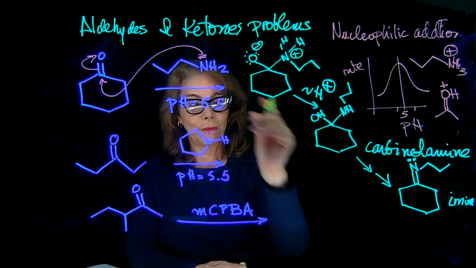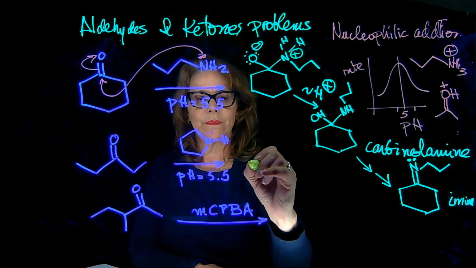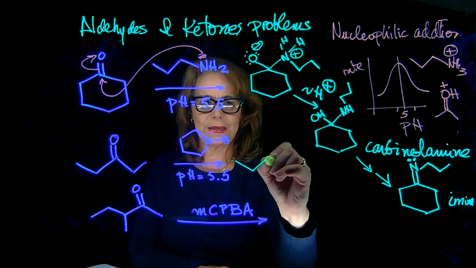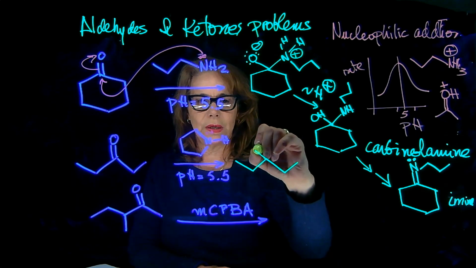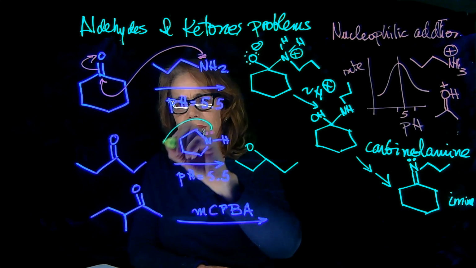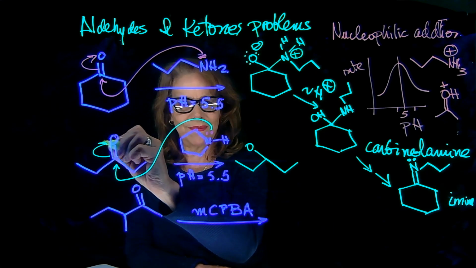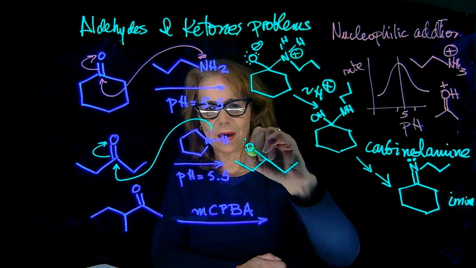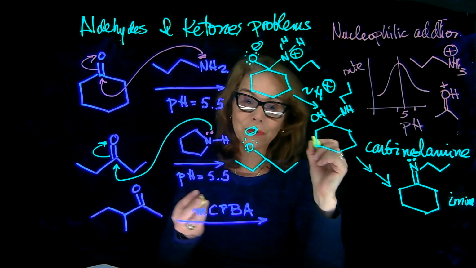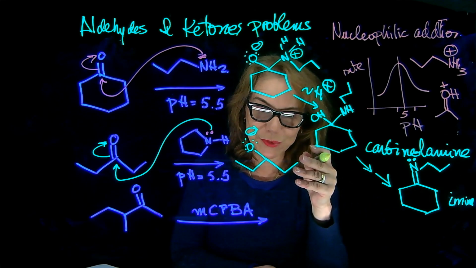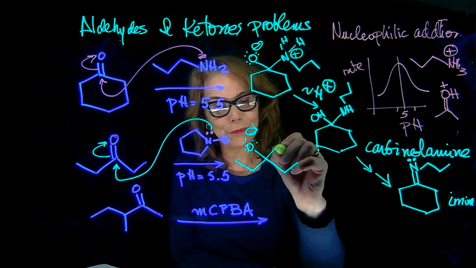So the first part of the reaction is similar, and I'm going to draw the carbinolamine. I'm going to have O negative, with the attack here. That is a common step. Again, to see more details on the mechanism, I have videos on that. Please check those out if you need help.